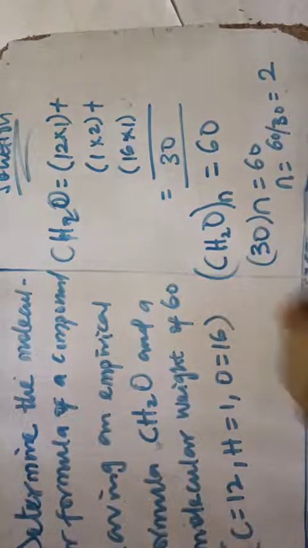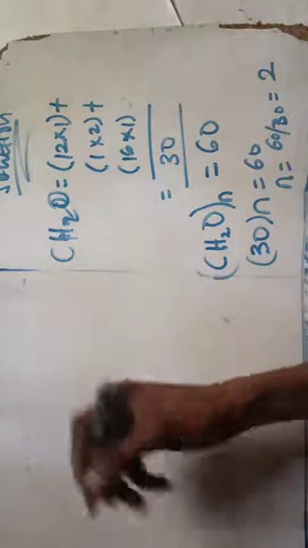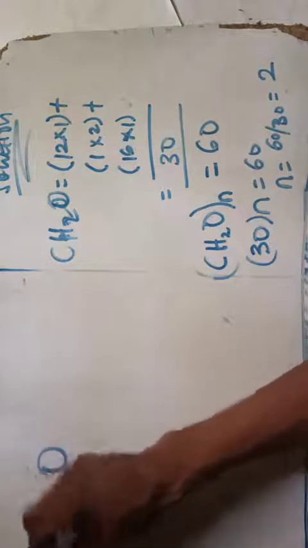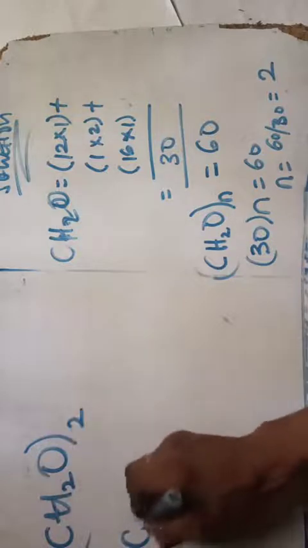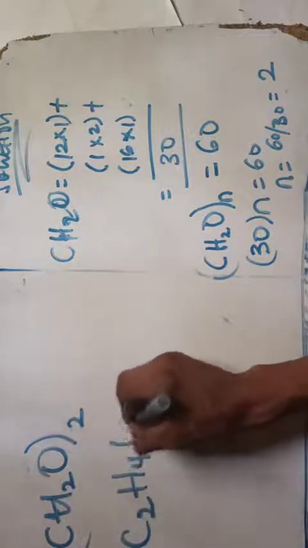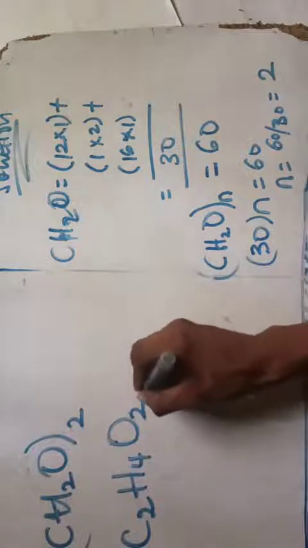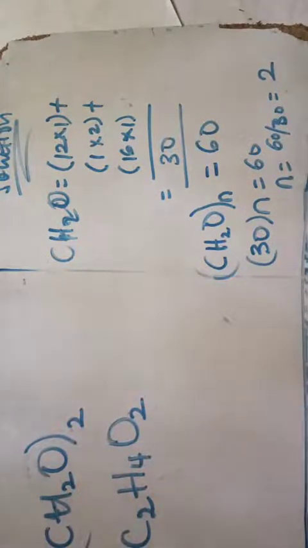Therefore the molecular formula will be CH2O times 2, that is C2H4O2 rather. So this is the molecular formula of the compound.